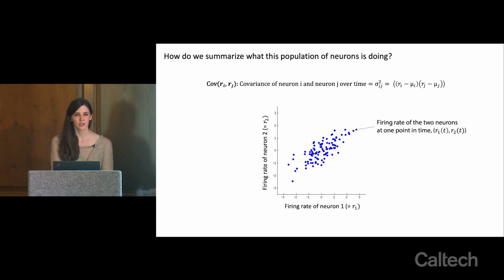We can use projections to create different summaries of what these two neurons are doing. The strategy in principal component analysis is finding a projection from 2 dimensions down to 1 or to a couple that preserves as much information, as much variance as possible.